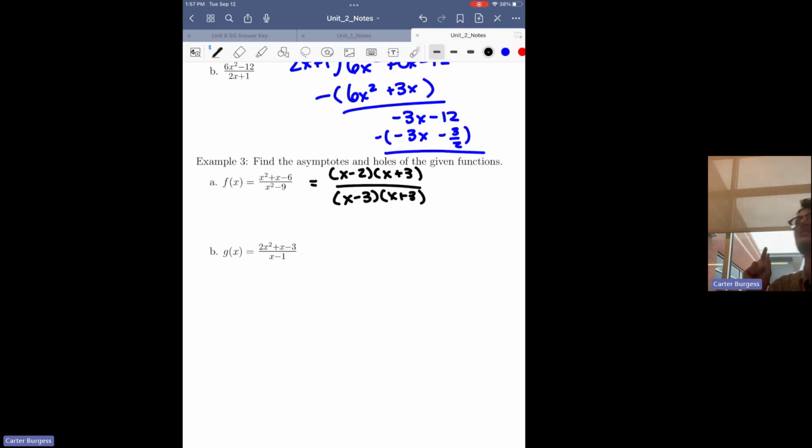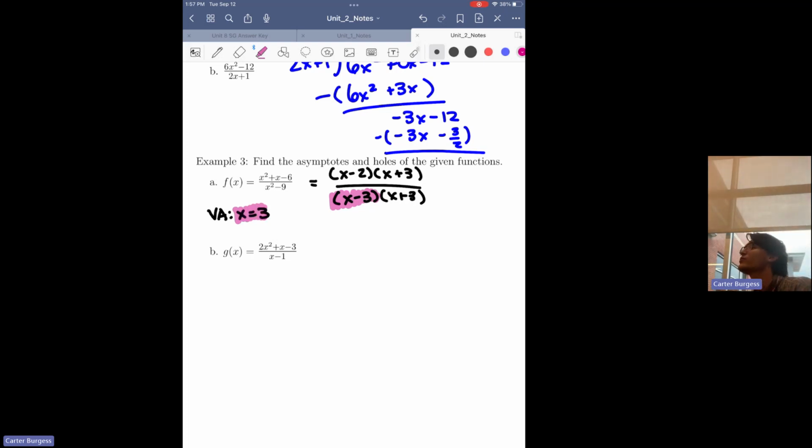And so where do we have the zeros of our denominator here? So -3 and 3 are the zeros of our denominator. Which one is going to represent a hole and which one is going to represent a, let's start with, which one's going to be a vertical asymptote? 3 is going to be a vertical asymptote, coming from this root right here, which notice is not kept in check.